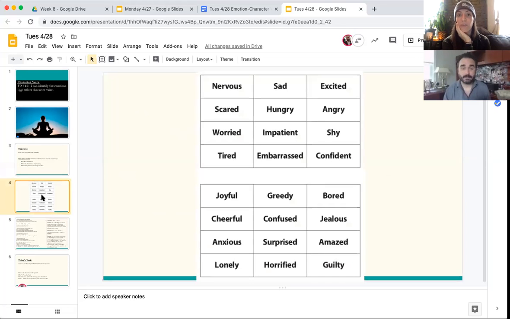So characters might feel nervous, sad, shy, confident, bored or surprised. Maybe they're feeling guilty about something or anxious about something, depending on who your character is with, what they're experiencing, the setting that they're in, the events that have occurred. All of those things will impact the way that that character feels given the moment that you're writing about.